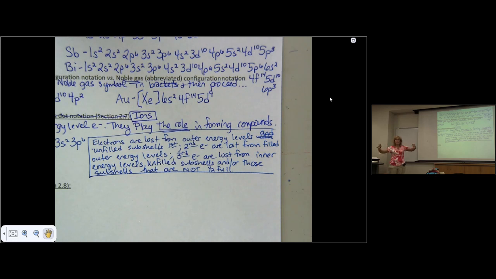Once you get rid of all the outer, then you may come to the inner energy level and lose electrons. But if you're going to lose them from the inner energy level, it will pretty much always be from one that's unfilled, subshell, or a subshell that's not half-filled.